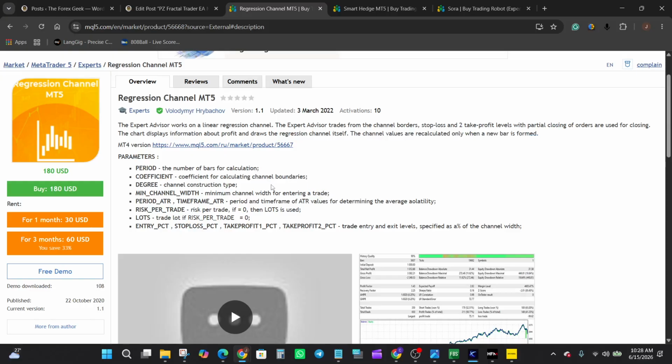Moving into the settings section, we can see that traders have control over the channel calculation period, the coefficients used for channel boundaries, and the channel construction type. There is also a minimum channel width parameter, which is used as a condition before entering trades. The EA also includes ATR related settings for measuring average volatility, allowing users to specify both the ATR period and time frame.